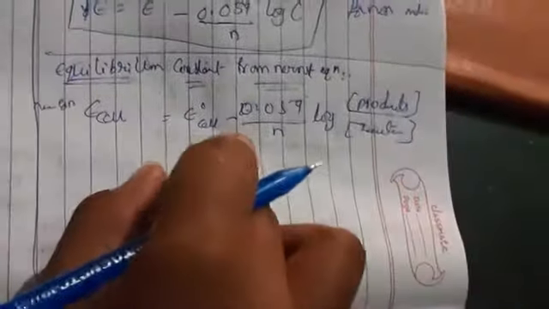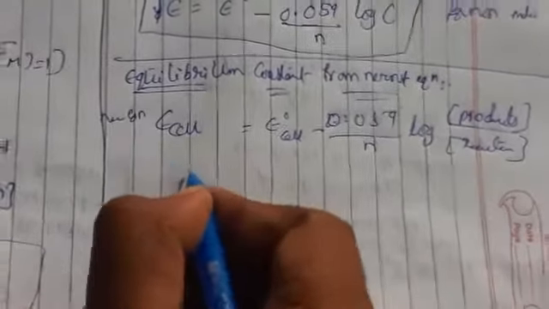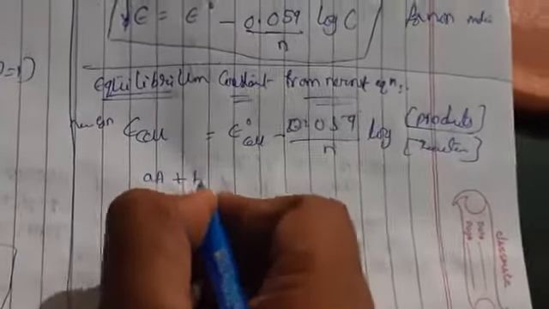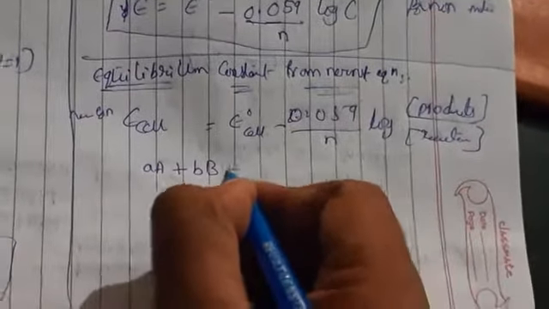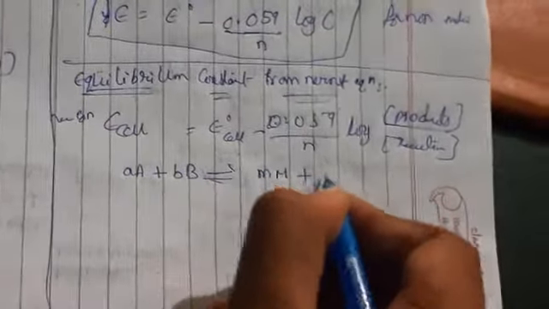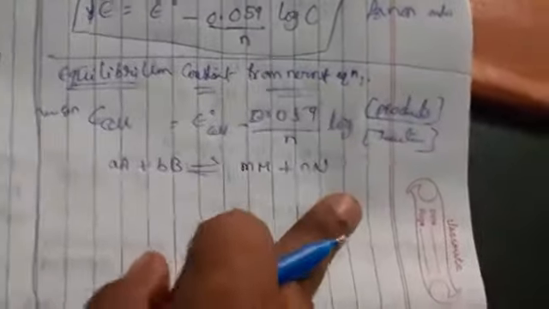Okay, so this is the general Nernst equation. According to a reversible reaction, we will take it with coefficients: aA plus bB gives rise to mM plus nN. So we are taking this equation.